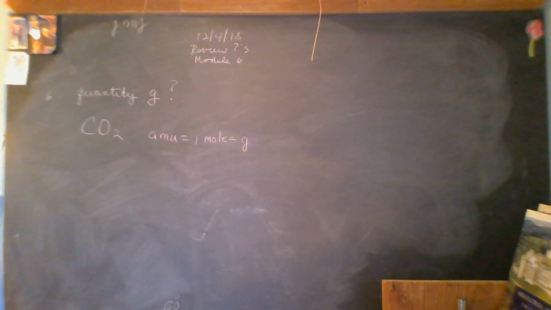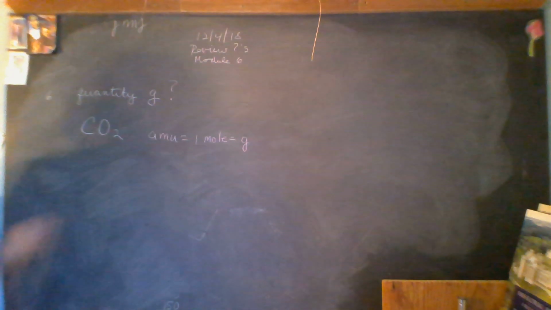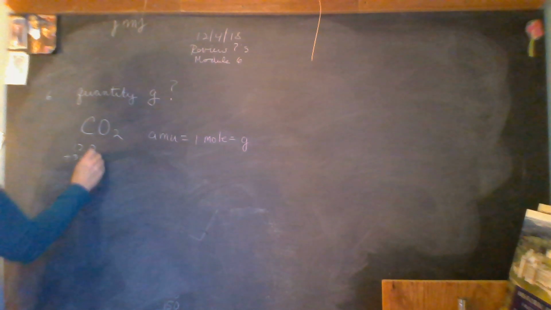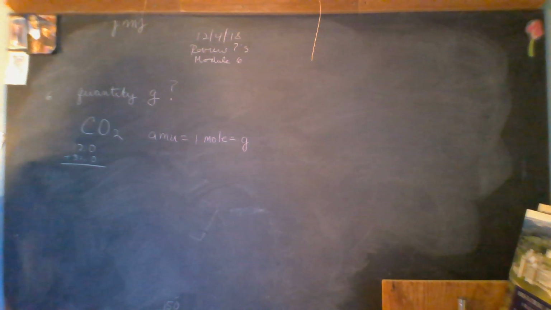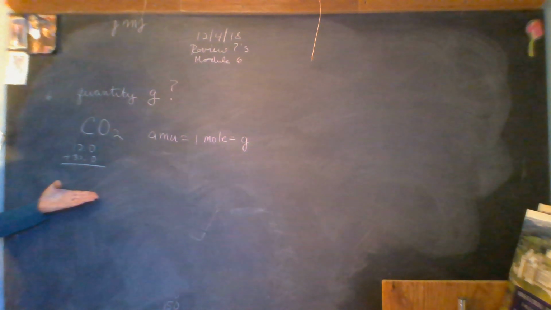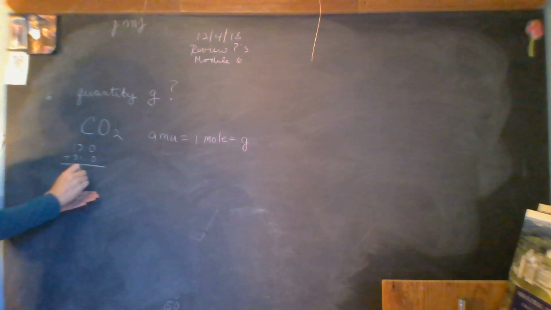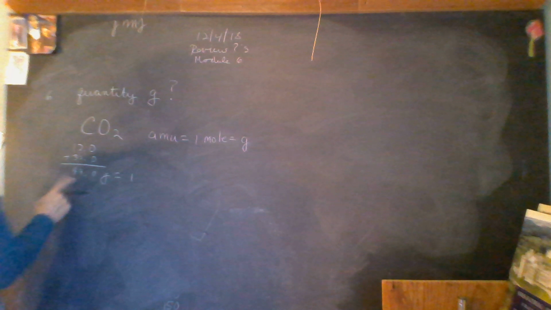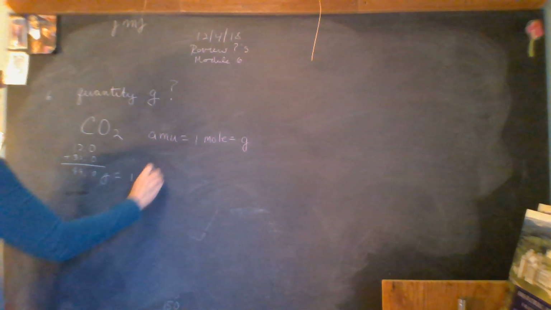Carbon over here is 6, and its atomic mass is 12.0. How about oxygen? It is 16.0. So we've got 12.0 plus 32.0 gives us 44. So 1 mole of this substance is 44 grams.